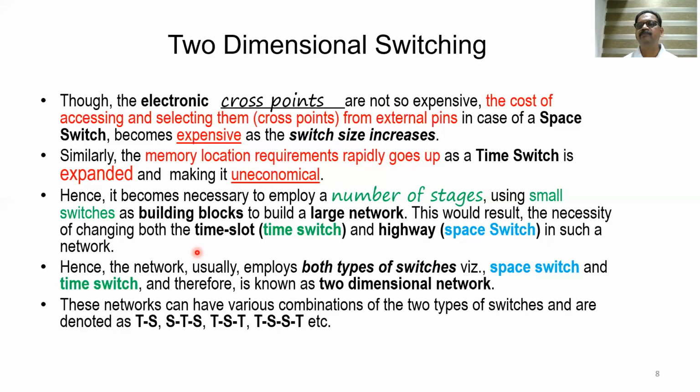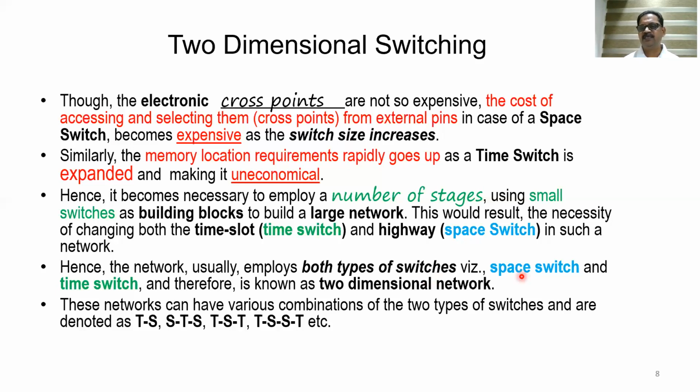So we have to mix both time slot interchange and highway jumping, or we have to use a combination of time switch and space switch. It is economical and we can expand the switch. Hence, the network usually employs both types of switches.